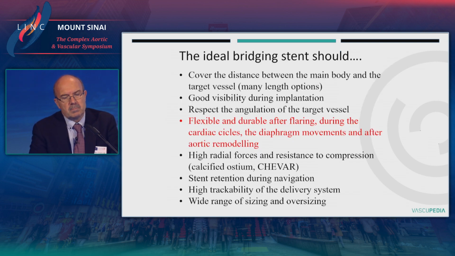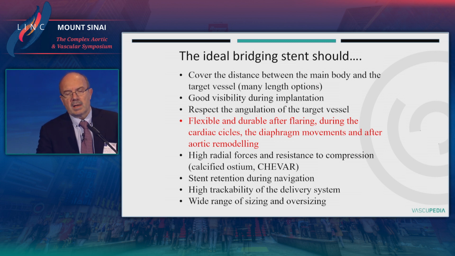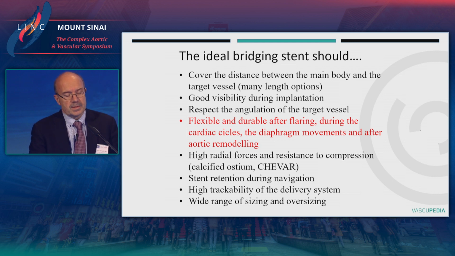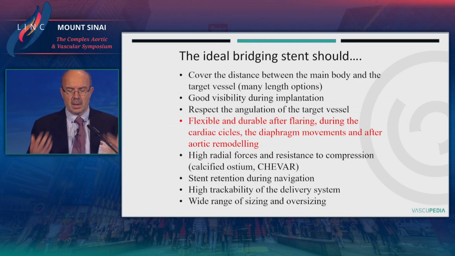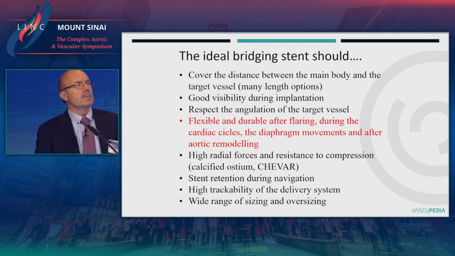And no stent has really the quality for this indication. We have to cover the distance between the main body and the target vessel. We need good visibility. We should respect the angulation of the target vessel, especially of the renal arteries, and the stent should be flexible but also durable after flaring during the cardiac cycles and also during the movements connected with respiration and the remodeling of the aortic aneurysm.